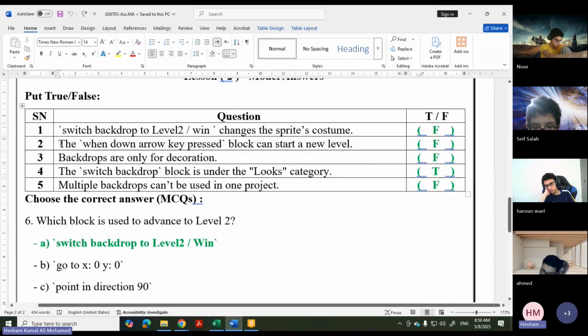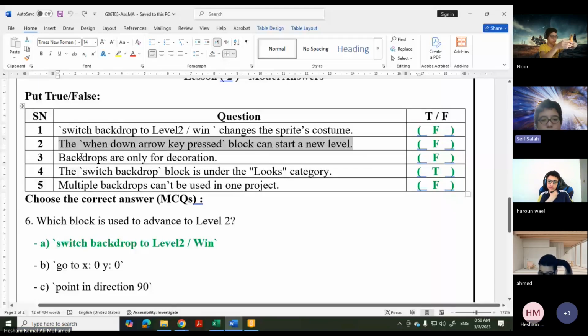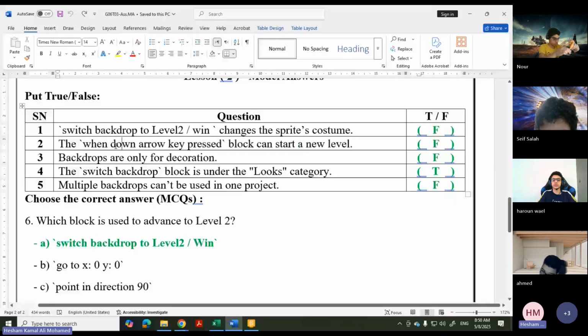Let's do the second one here. Read it out loud for us, please. When down arrow key pressed, block can start a new level. What do we use the down arrow for?